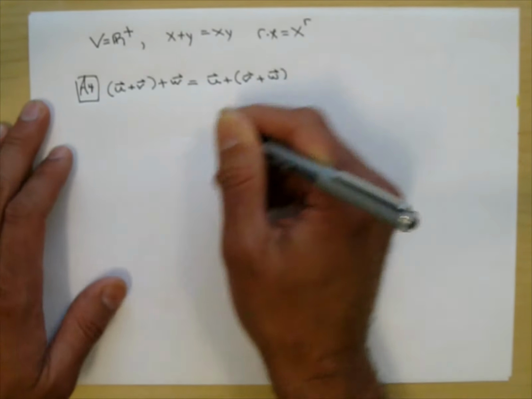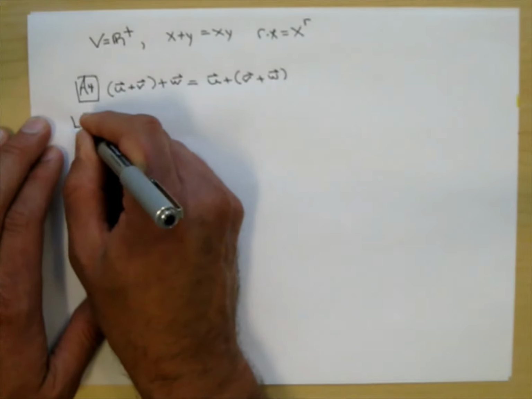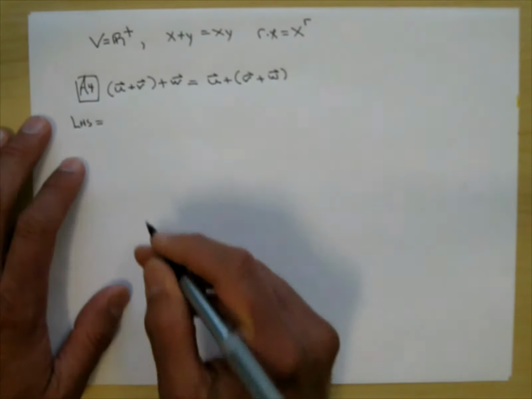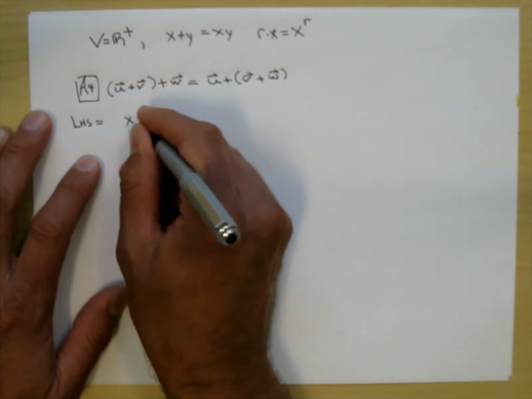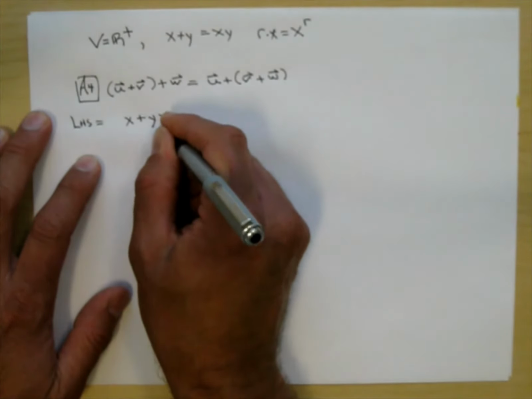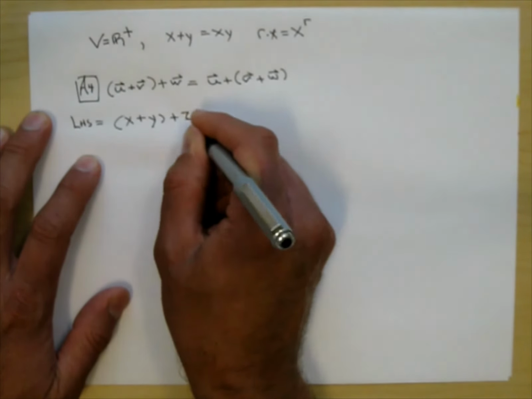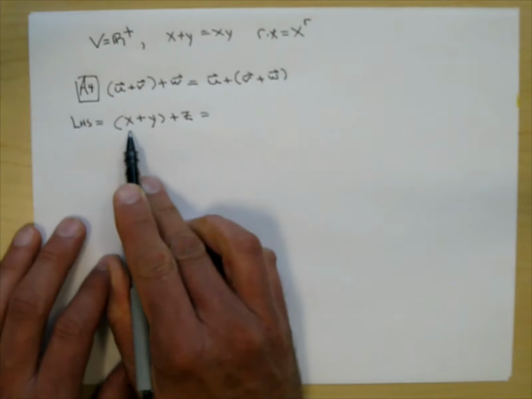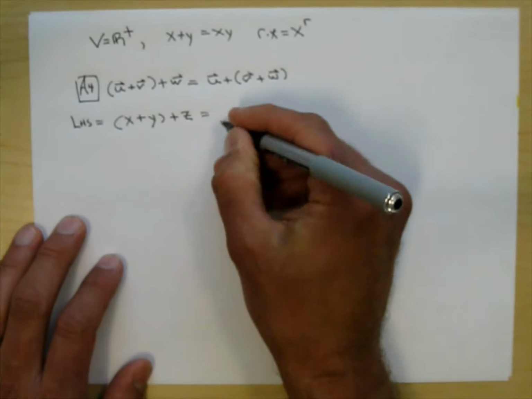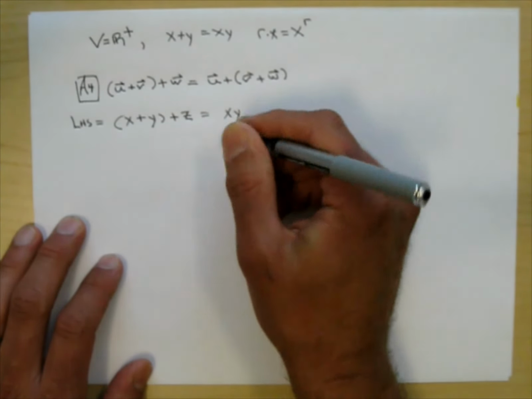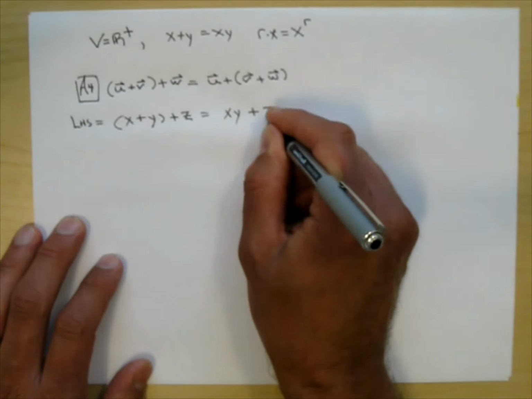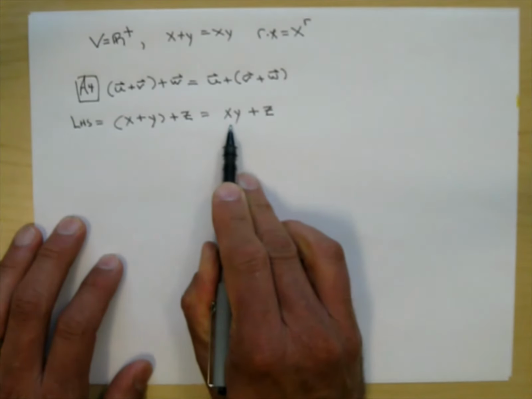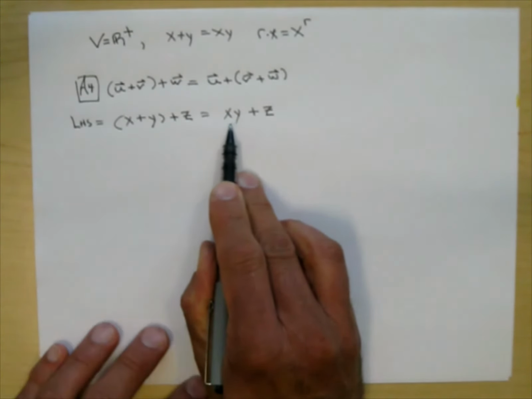Okay, so the left-hand side, let's just make this be x plus y, and then this is plus z. So what does this equal? X plus y is xy, and then we have plus z. And by the way, that's a positive real number there.